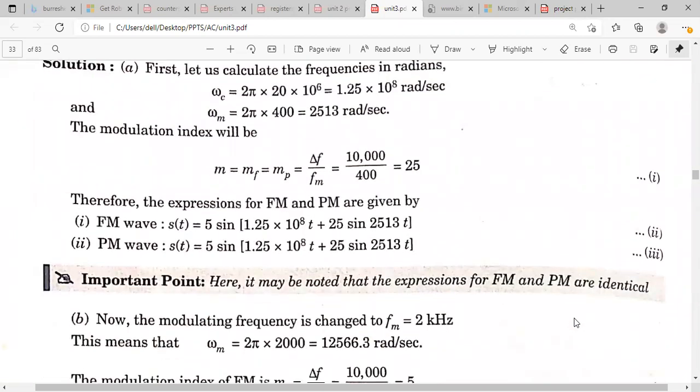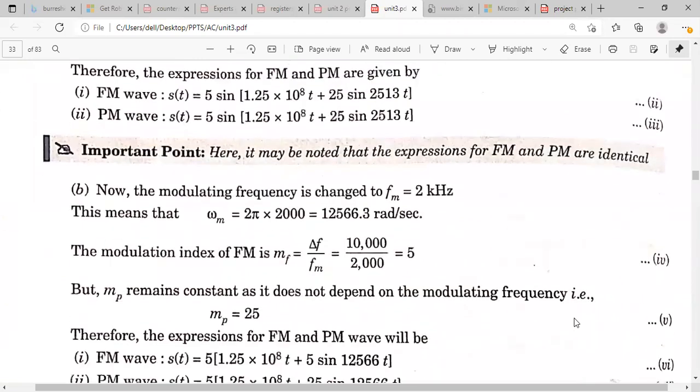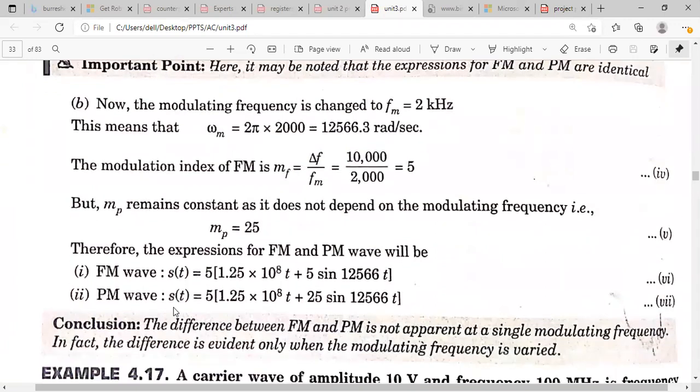If the modulating frequency is 2 kilohertz, what is omega M? Omega M will be changed, and the modulation index also changes for FM. But for phase modulation, the modulation index remains constant. So here only the FM wave expression will be changed.